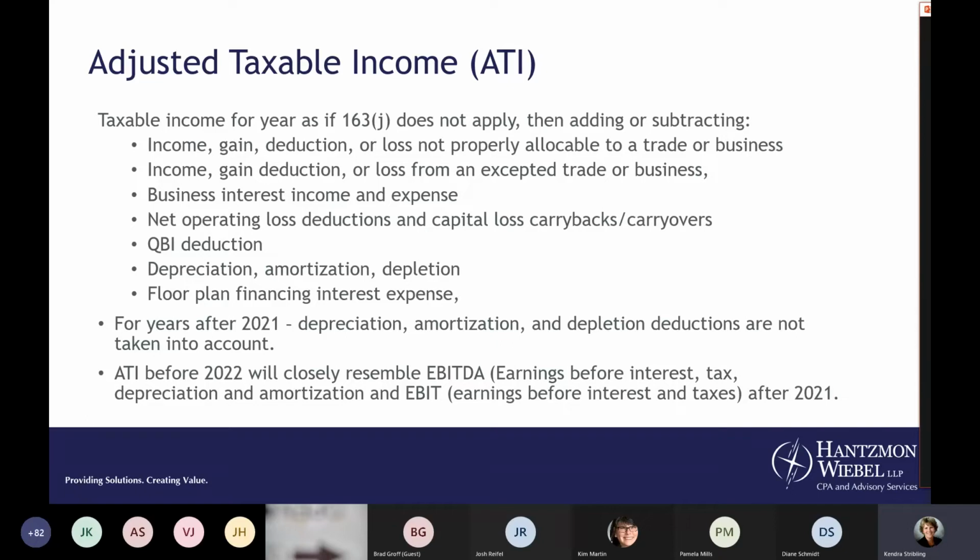Those adjustments are items not properly allocable to a trade or business, business interest income, business interest expense, net operating loss deductions, deductions for qualified business income, and depreciation, amortization, and depletion. For years after 2021, depreciation, amortization, and depletion deductions are not taken into account, so ATI will closely resemble earnings before interest and taxes.